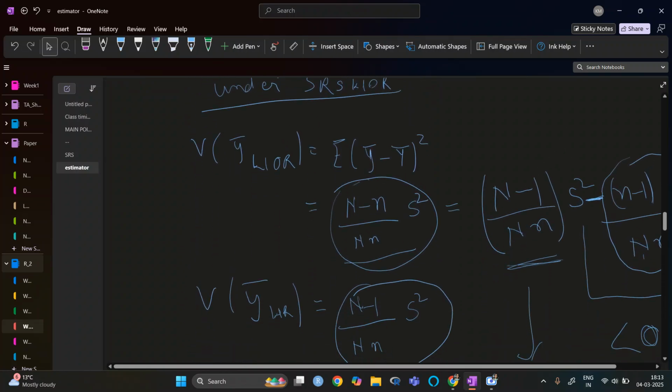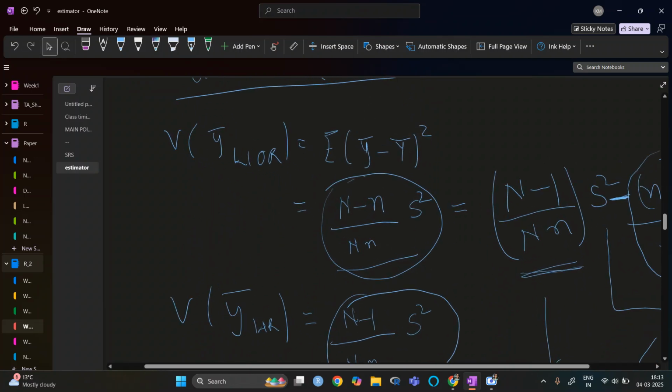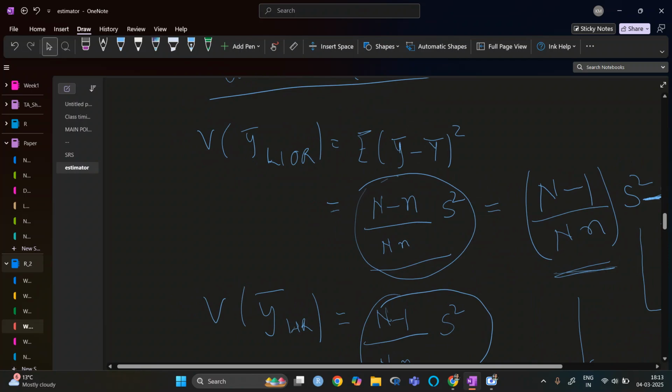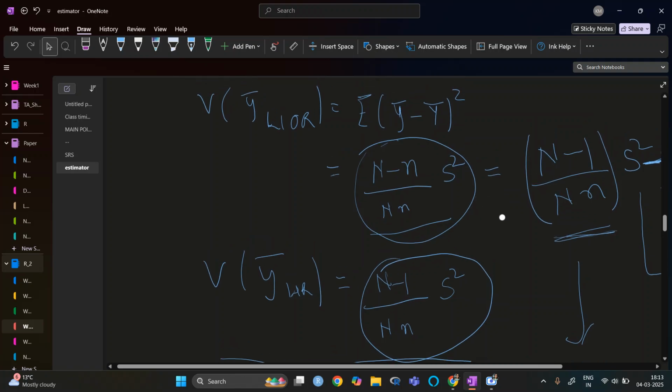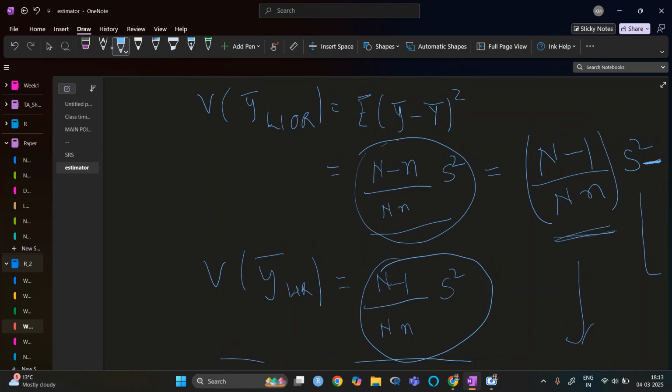Now for the variance, what we have seen is that this is (N minus n) upon N, capital N, times small n, s square, and for WR it was (N minus 1) upon N, and if N is large enough, then it will be just s square upon n.